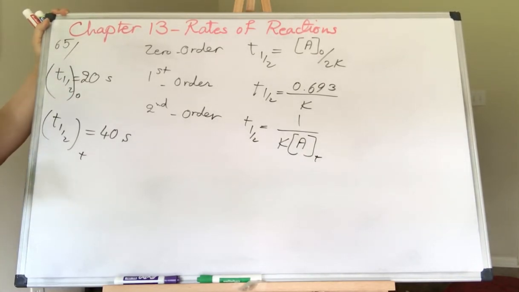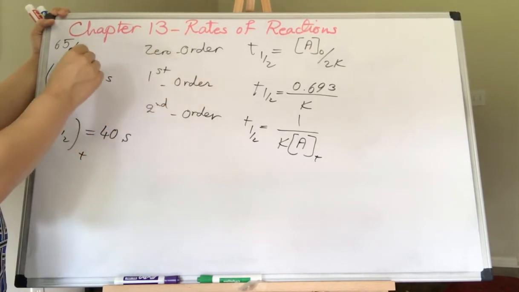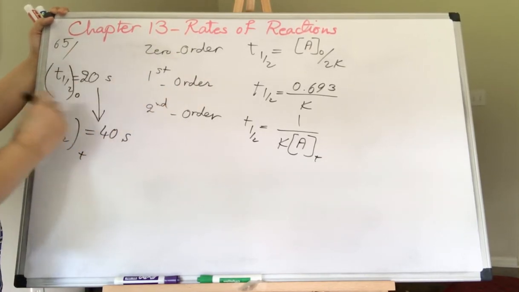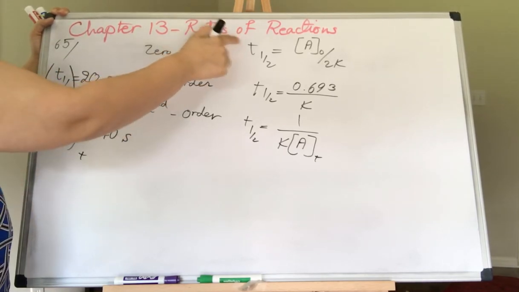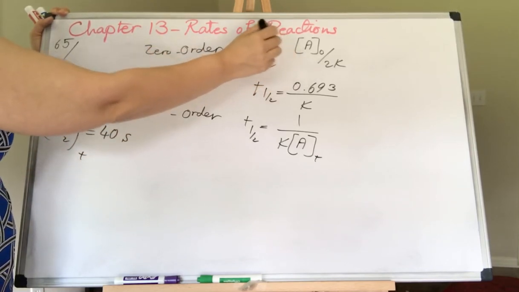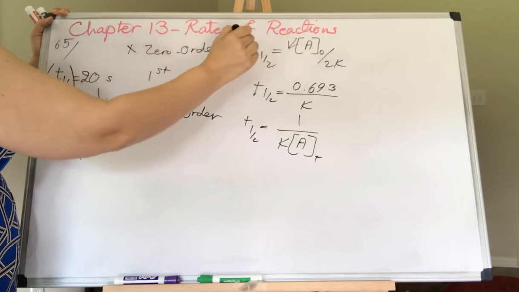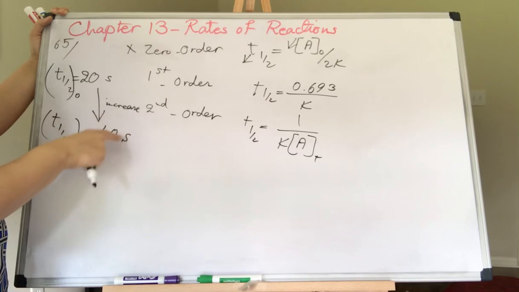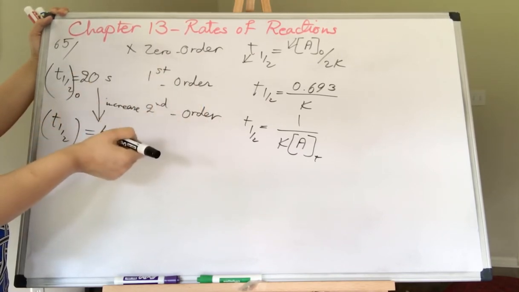the initial concentration. We know that over time the concentration decreases, right? So the initial concentration decreases, but your half-life increases, right? For zeroth order, the half-life decreases as the concentration decreases. But we are looking for a case in which the half-life is increasing.